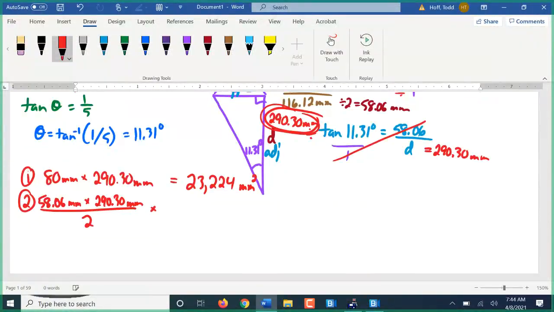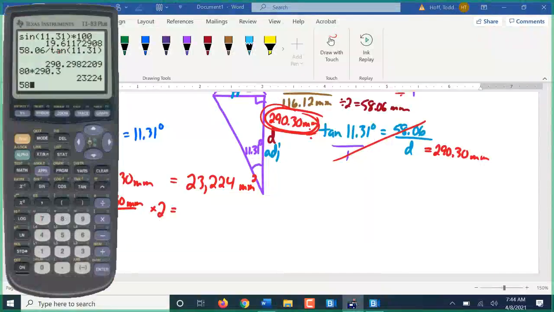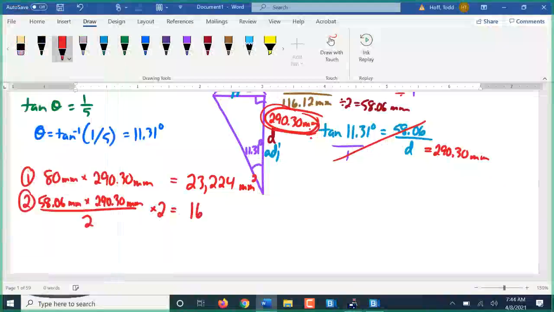Since there are 2 of them, it is times 2. Giving us 16,854.82 millimeters squared.